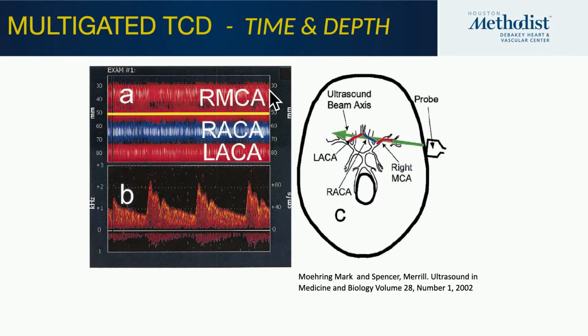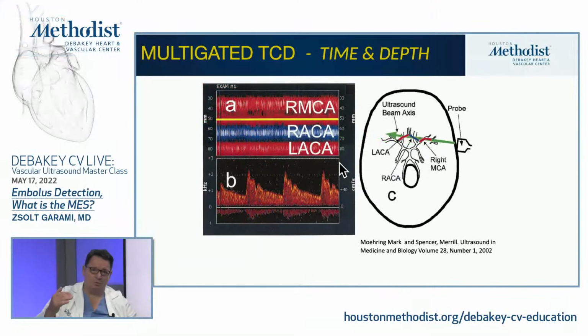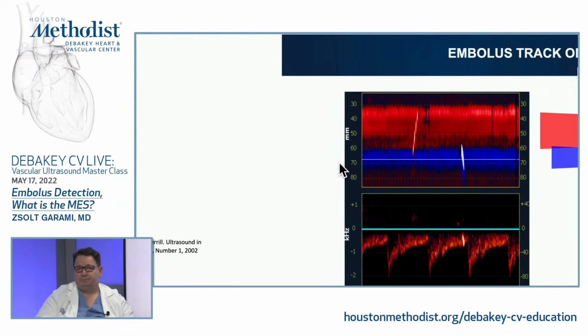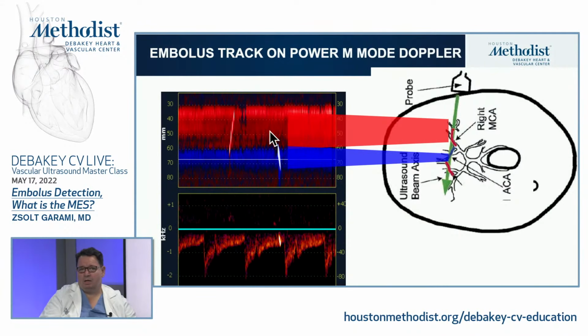And as of today, this is still the best M mode I can see. So thank you, Mark, for making our life so much easier to be able to see multiple depths, not just single depth TCD.